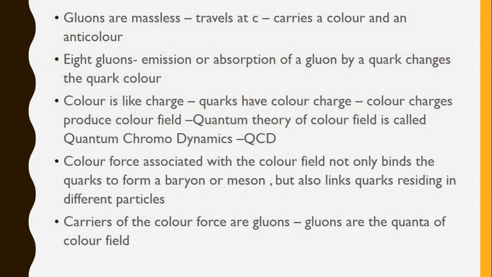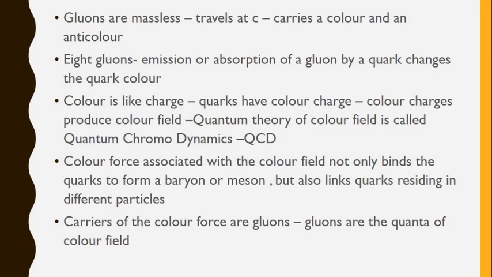And what are the properties of these gluons? Gluons are massless and they travel with the speed of light, that means they travel at c. Again, each carries a color and an anticolor. And there are 8 gluons, so that whenever there is an interaction between two quarks, there is a color force.